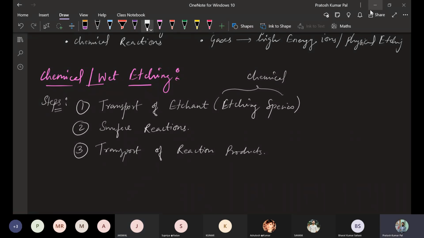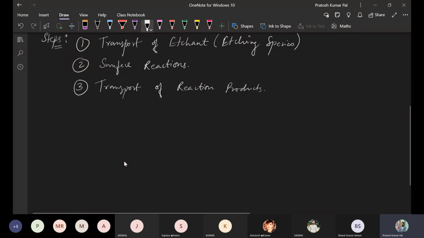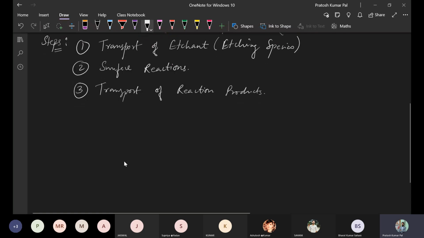First of all, we will be introducing an etchant, and that etchant will undergo some chemical reactions at the surface, and after the chemical reactions there will be some product, and that product needs to be removed from the surface. So these are the three steps that need to be followed in case of chemical or wet etching. We will see these three steps in some more detail.